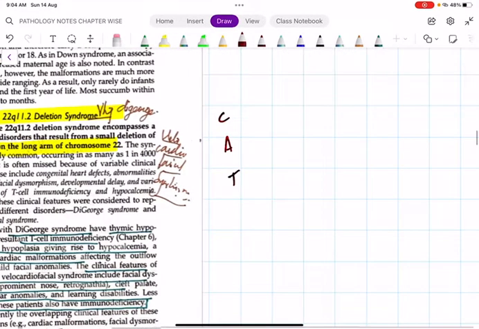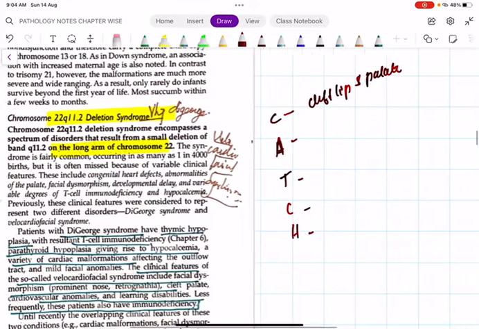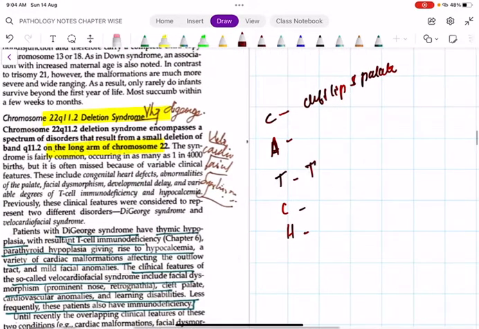CATCH. What do you mean by C? C stands for cleft lip and cleft palate. Then T stands for thymic aplasia. Then C stands for congenital heart defects.